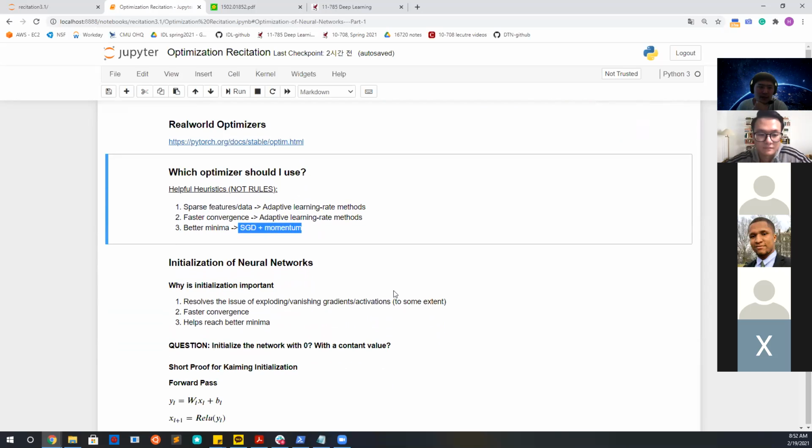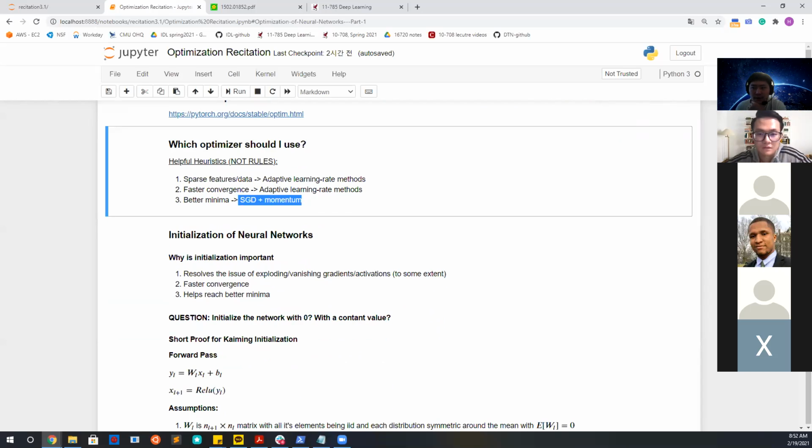The next part is initialization of neural networks. Initialization is important because, first of all, the best initialization point would be the global minimum, but you can't do that. That's why you need all of these optimization algorithms to reach the minima.